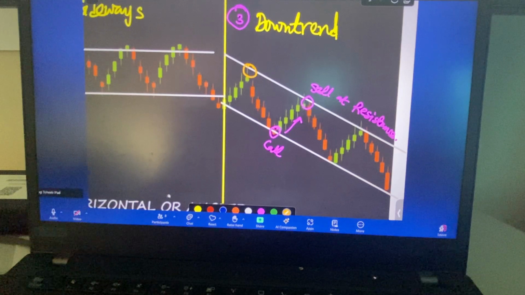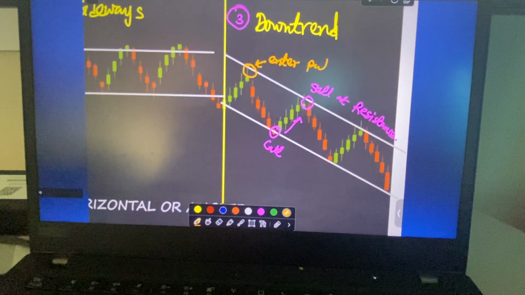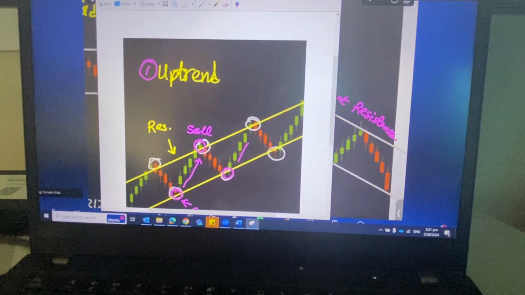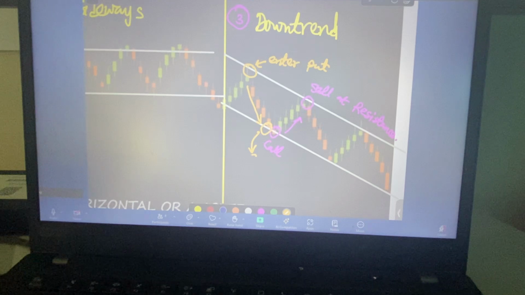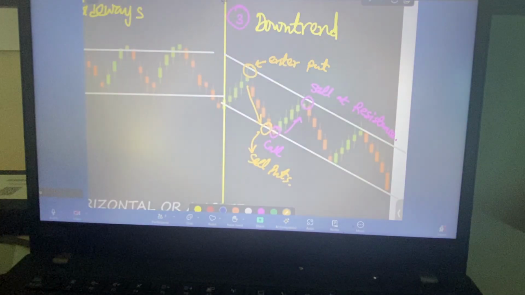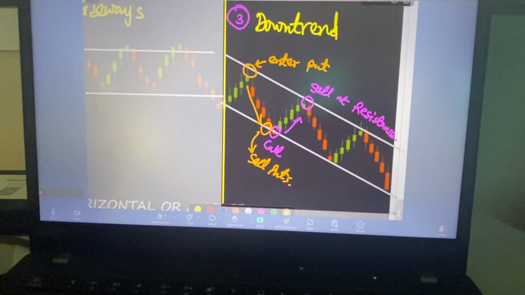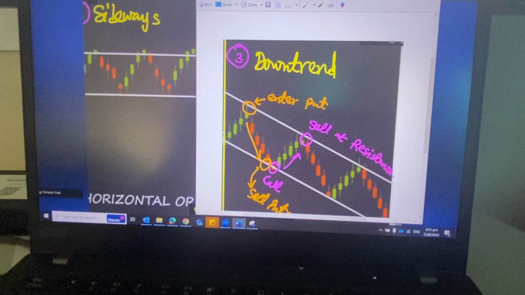So puts, I can enter puts here, ride that wave down, and then sell those puts here. Which one would you be more comfortable doing, calls or puts, in this downtrend area? I would say puts.